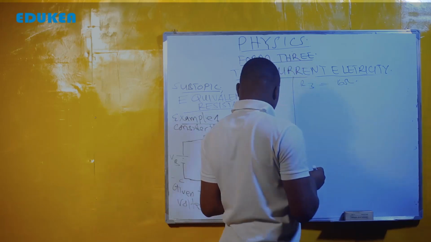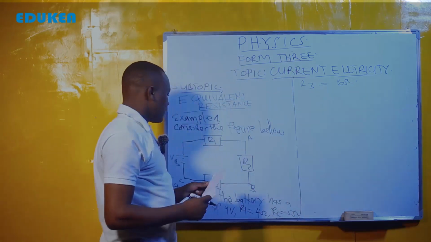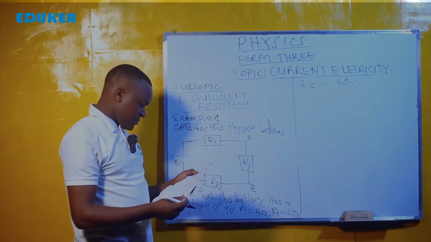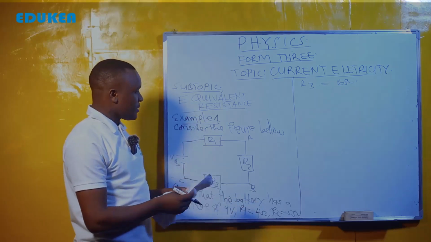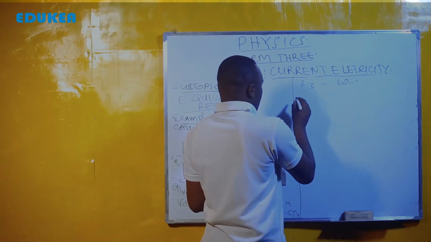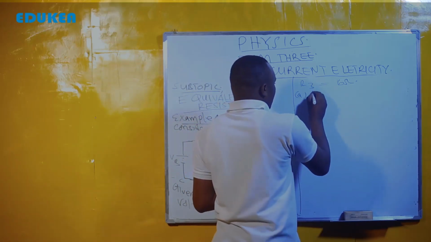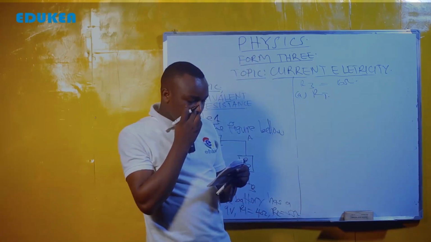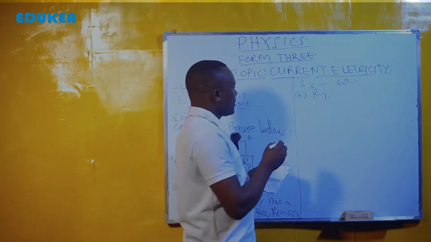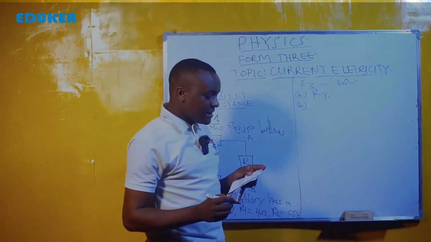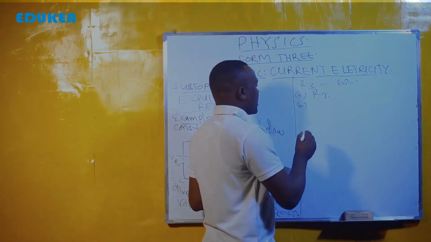Then you are required to find the following values. The first one, you are required to find the total resistance, but in part B, you are required to find the current flowing in the circuit.